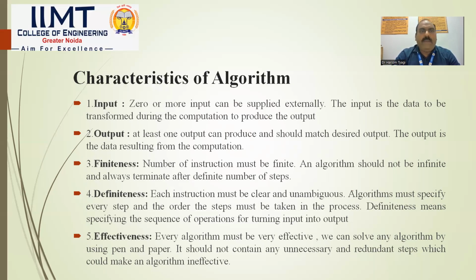If you go to programming, then you can definitely find the solution, but in the algorithm, you have to mention the exact value of a equal to 2 and b equal to 3. Otherwise, a equal to 5, then what is the value of c? a plus b, 2 plus 3 or 2 plus 5 or 3 plus 5, you can't find out. Okay, so each instruction must be clear and unambiguous. There should be no ambiguity, no confusion should be there.